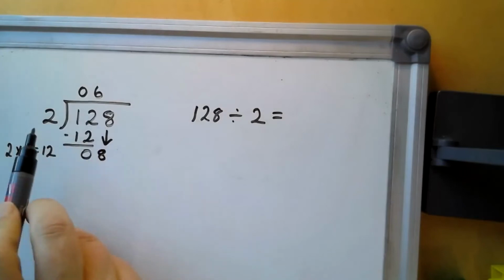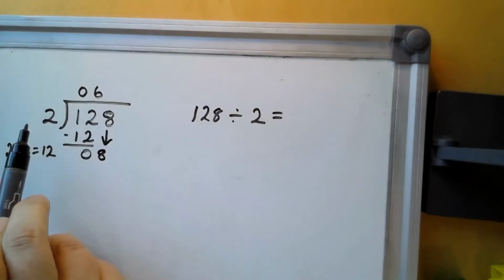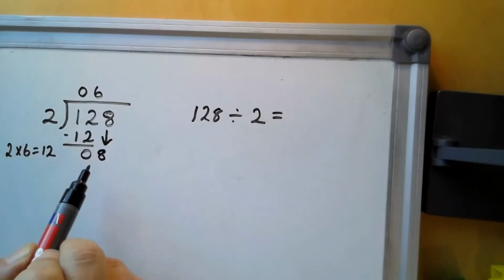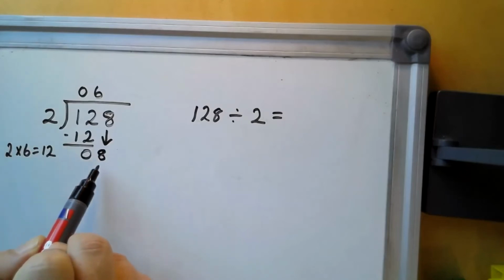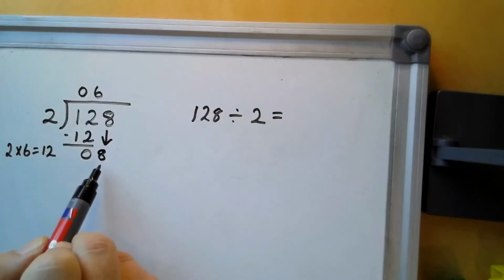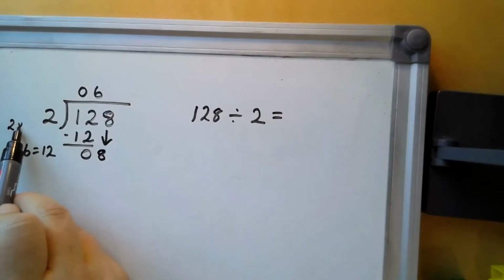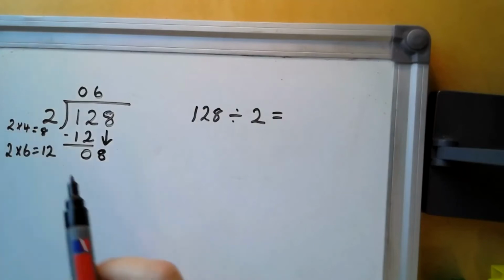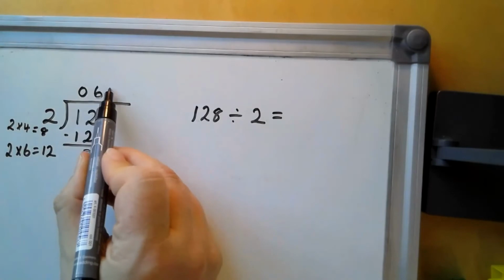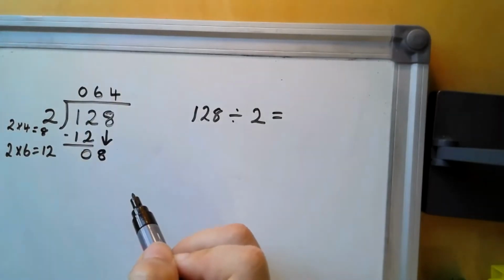So we now need to ask ourselves, how many 2's go into 8 or nearly 8? Well, I know that 2 times 4 is 8, and therefore I can put a 4 up here.